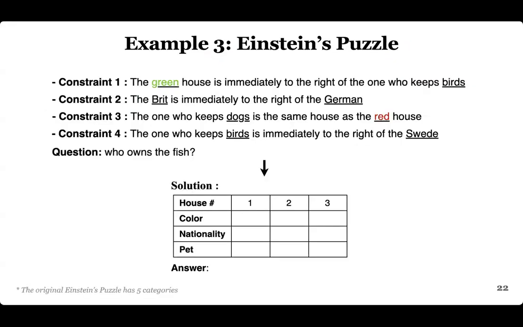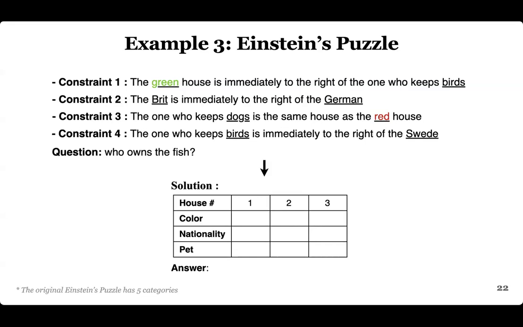So here we will introduce another example and evaluate on it. This problem is called Einstein's puzzle. The problem is like this. The prompt consists of a set of constraints, and the task is to fill the table below.